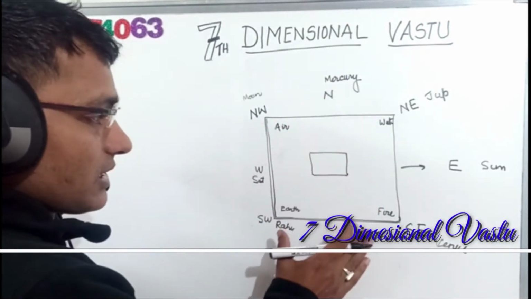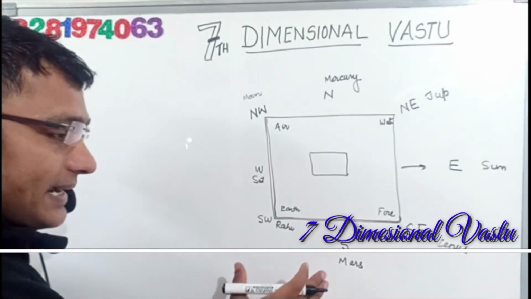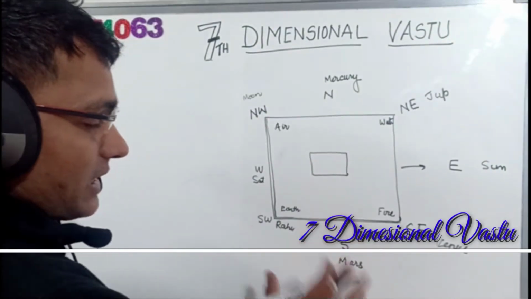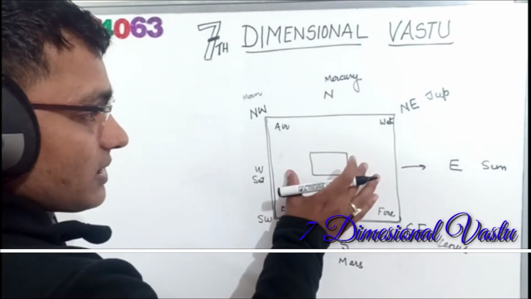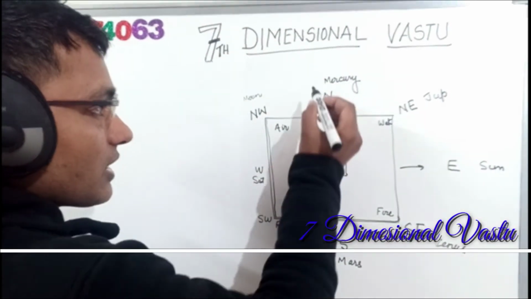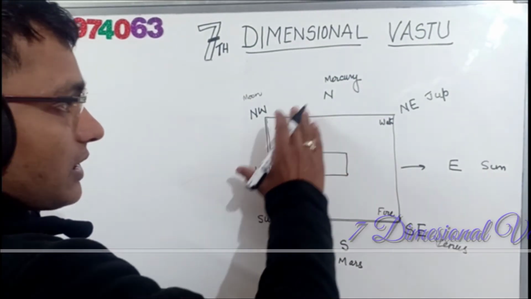It is the best way to learn any drawing. When we get your house design, that time also it will be the same direction. That's why it's a standard format. Here is east, west, north and south. These are the four main directions.